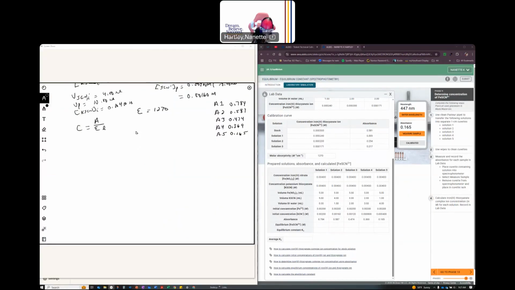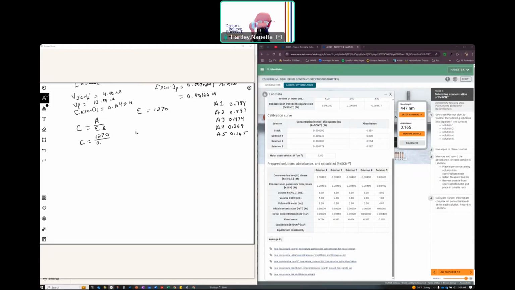So I wrote down those 5 values right here: 0.784, 0.587, 0.474, 0.369, and 0.165. I know the molar absorptivity, that's right here, and that path length again is 1 centimeter, so I can just ignore that. So my concentration is equal to that 70 divided by that epsilon.